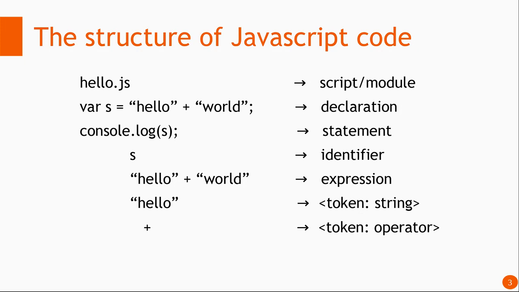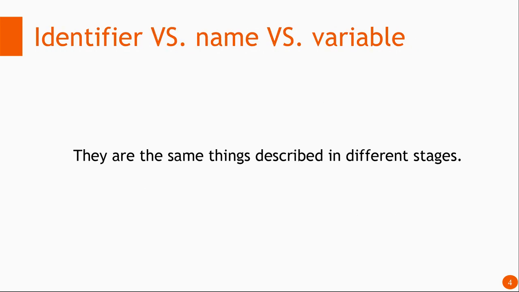Okay, this is how the compiler understands the code after lexical analysis. So what's the difference between identifier, name, and variable? In brief, they are the same things described in different stages.